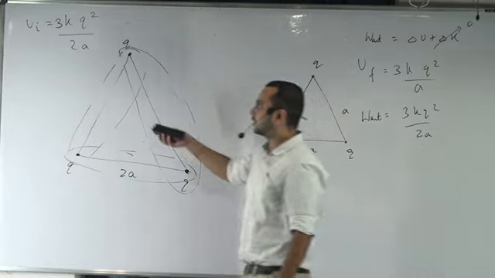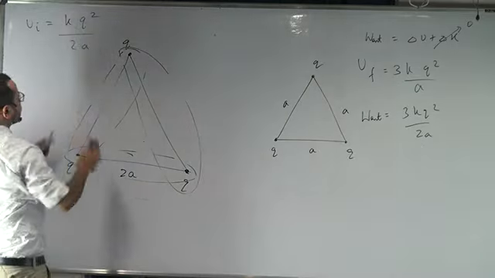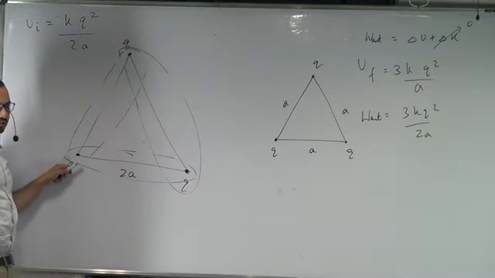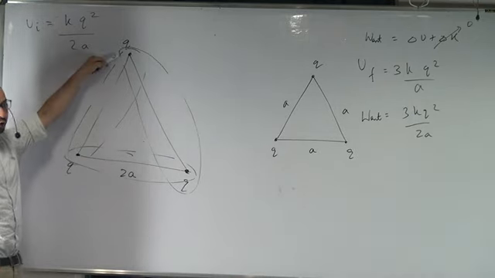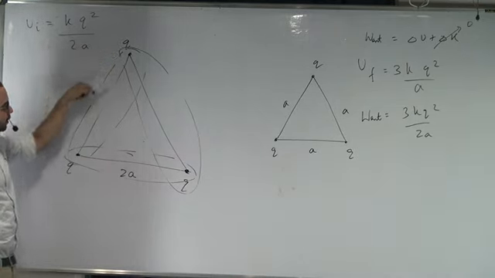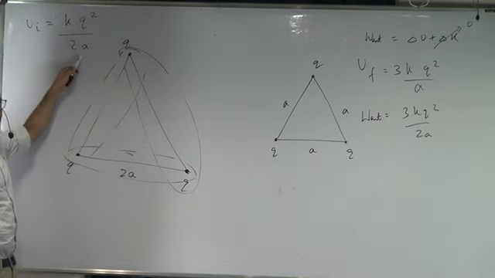How did you calculate UI? Look, there is one point charge, and there is another point charge. What is the potential energy? KQ1Q2 divided by the separation. So KQ into Q, KQ square divided by the separation between them. That's what I'm doing.